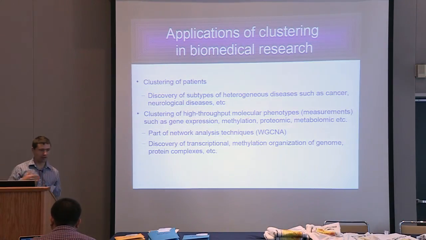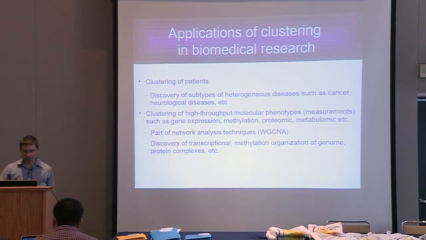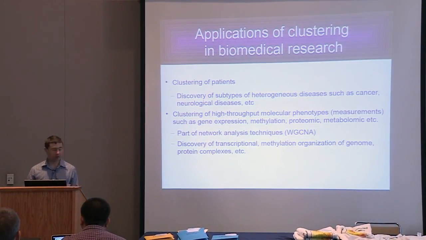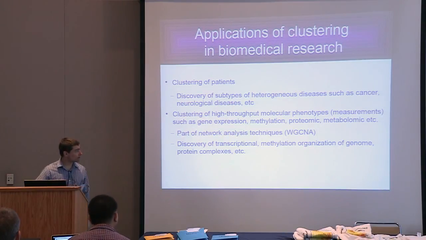For example, if it's high throughput gene expression data, you may have 20,000 probes measured for each patient. And so you can try to cluster the patients, and people have done this, and it's been very useful for discovery of subtypes in heterogeneous diseases, in cancer, and neurological diseases, and so on.